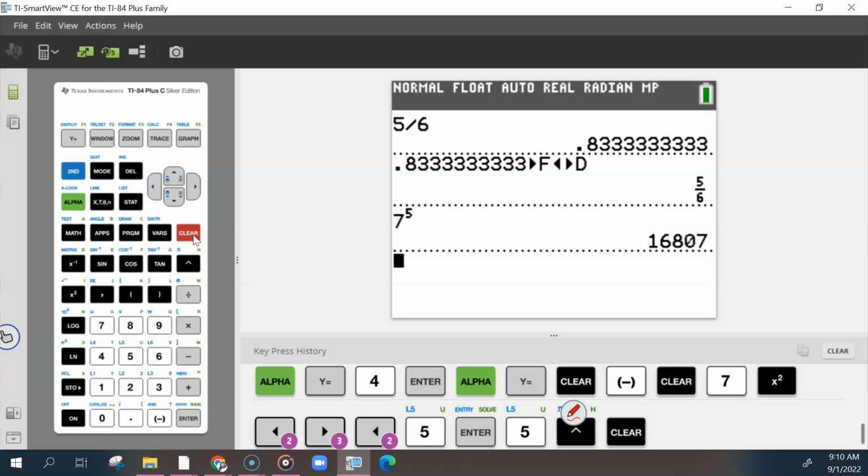There's not an actual button for it, but it's somewhere on your calculator. By x squared, it's in blue. I think on your calculator it's in blue as well. Anything in blue you have to hit second before you go to it. So if you hit second and then x squared, you'll get a square root.